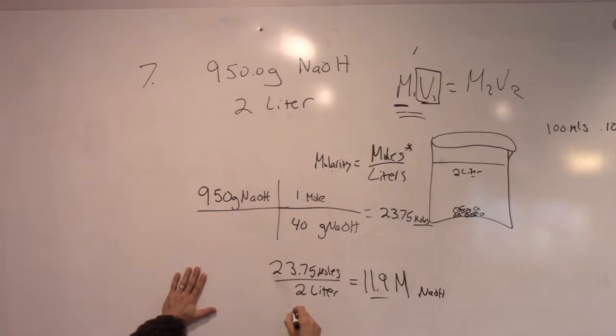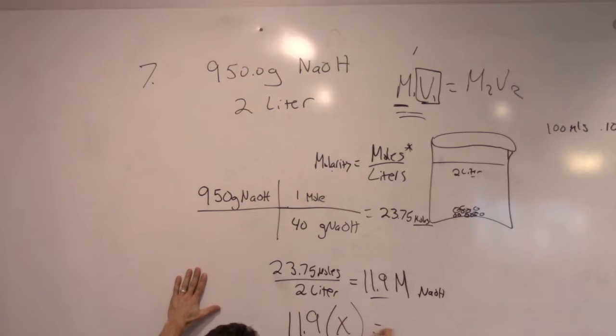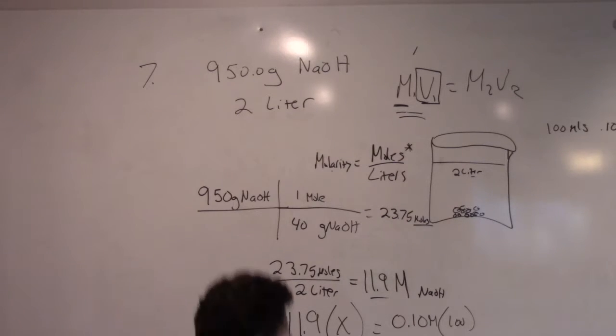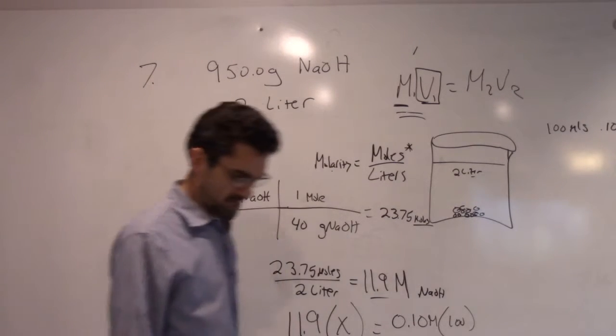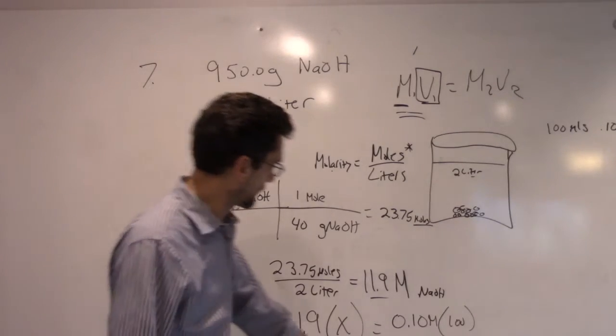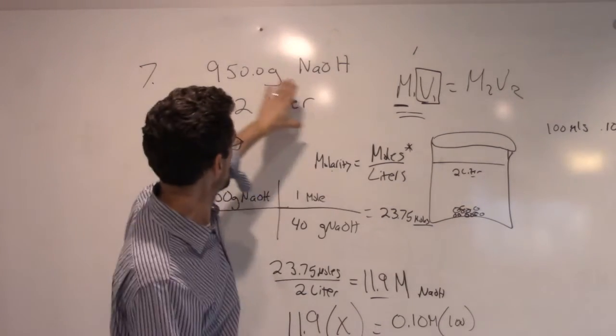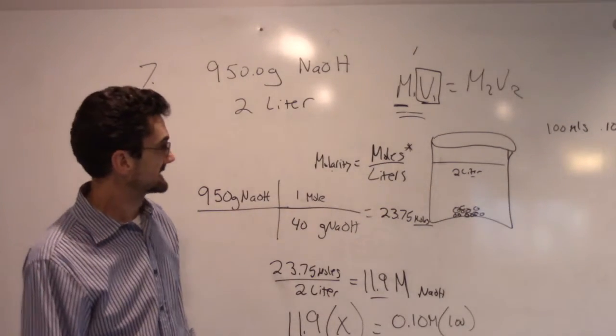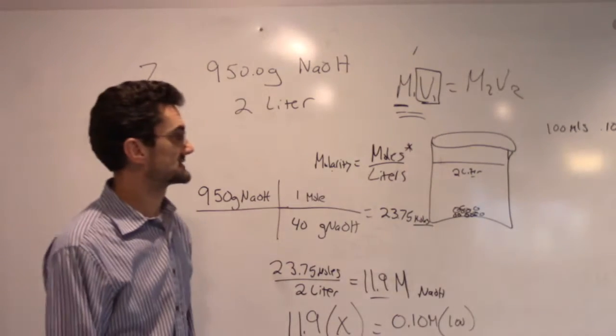So M1, 11.9, times V1 is equal to M2, which is 0.10 molar, times 100 mils, and you should come out with 0.84 mils. So it takes 0.84 milliliters of this original stock solution diluted to 100 mils to give me that molar concentration, 0.10.